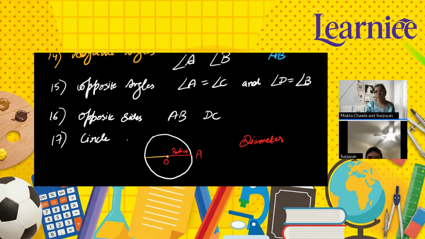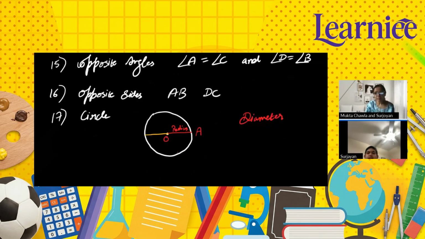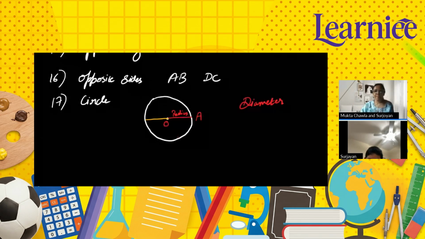Any line that divides the circle into two equal halves would be the diameter. This is the condition for diameter. Whenever two points are joined and it halves the circle, that is the diameter.